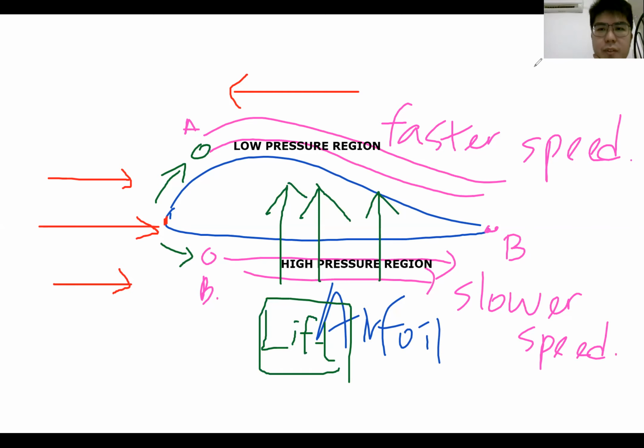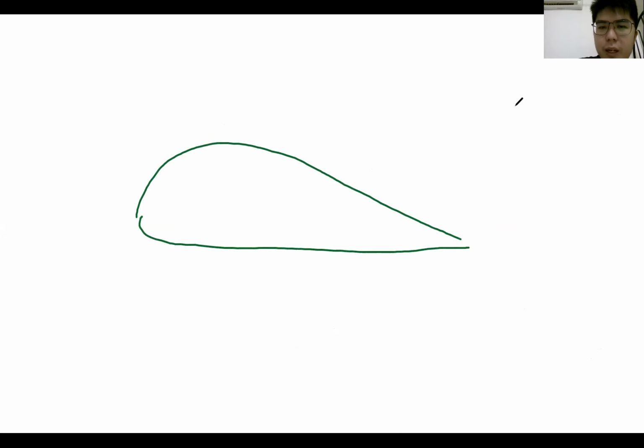Sometimes you will also see that the wing, this is the wing and this is the airfoil, will increase the length of the airfoil. If you're on a plane, just before takeoff, you see them increase the length here. We call it the flap or something like that. Why do they increase this?